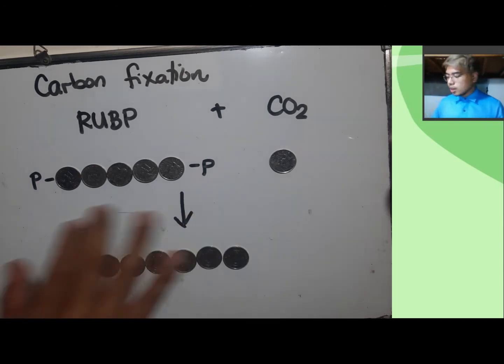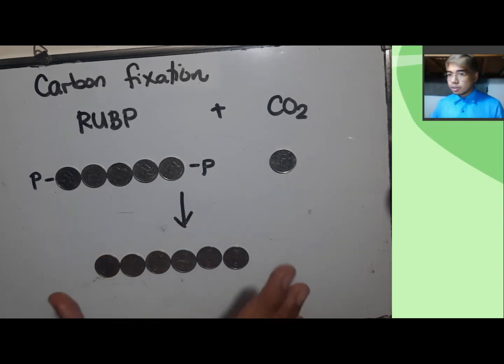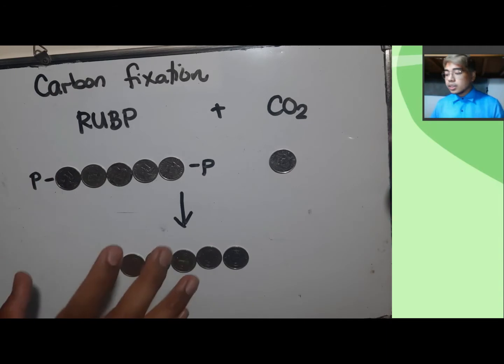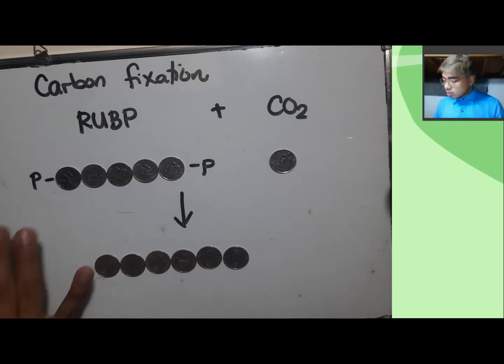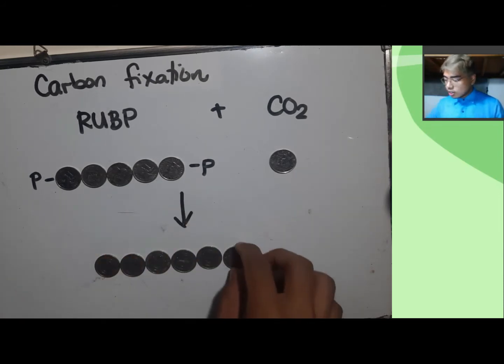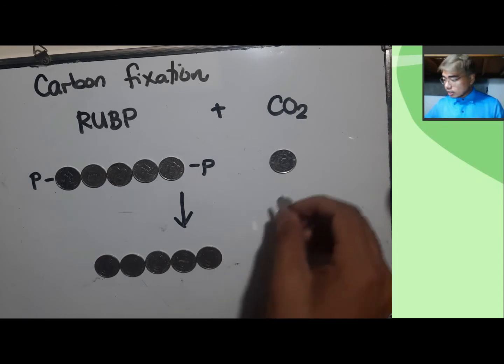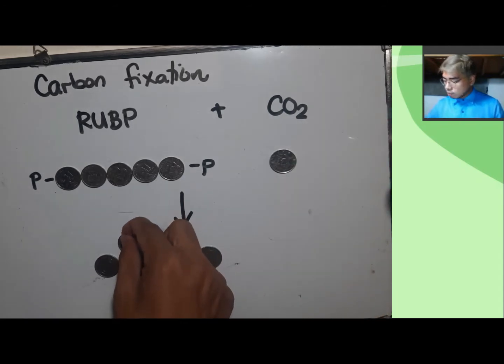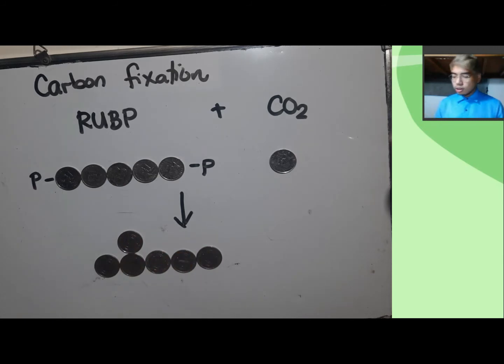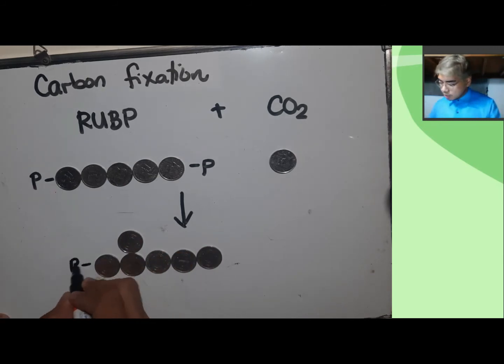Originally, this is what a 6-carbon compound would look like. But in the process of carbon fixation, since there is no available space here, the carbon from the carbon dioxide will attach on carbon number 2 of the RuBP.